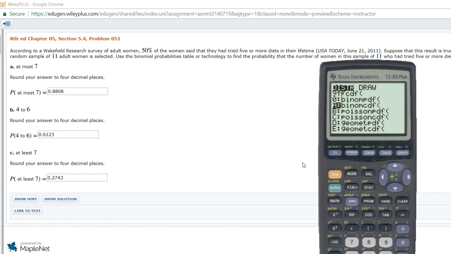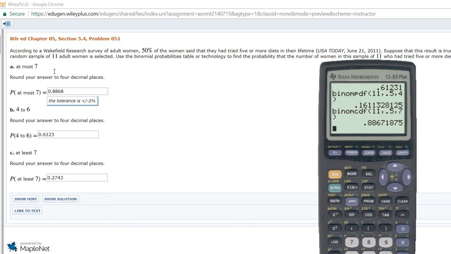Again, second distribution, and then up to binomial CDF. Here you're going to have your 11, then your 0.5, and then we're going up to 7. So this is just going to add all of the probabilities up to 7 for me, and that's going to give me that value there. That is at most 7, so that's 0 to 7.